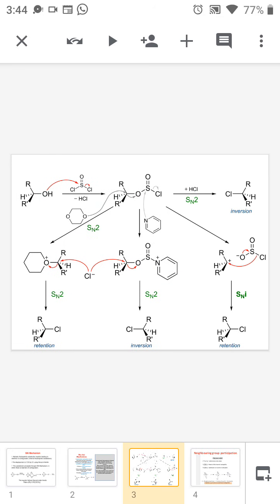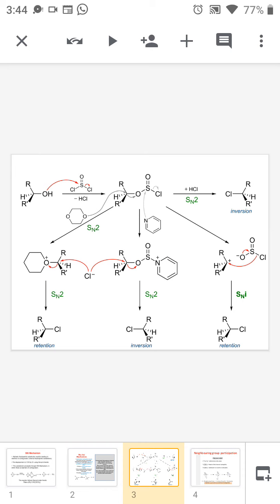Here the secondary alcohol is treated with thionyl chloride. Usually the thionyl chloride is used for carrying out the SNi mechanism. But if we add a solvent, the reaction may change from SNi to SN2.